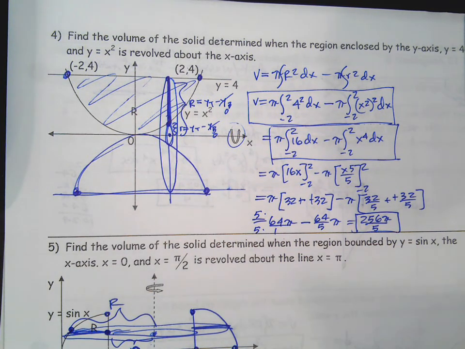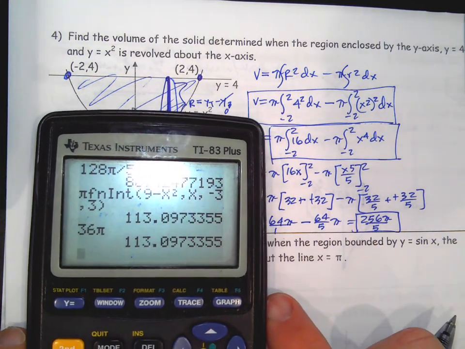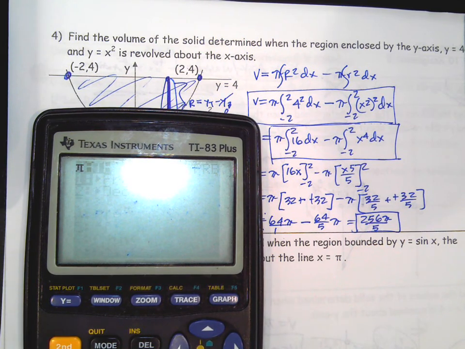So let's check our answer. Let's also practice just doing these on our calculator. We should be really good at these. Anytime we have the opportunity on a test to use a calculator, do the calculator. So pi, math 9, 16, comma, x, comma, -2, comma, 2. That's the first one.